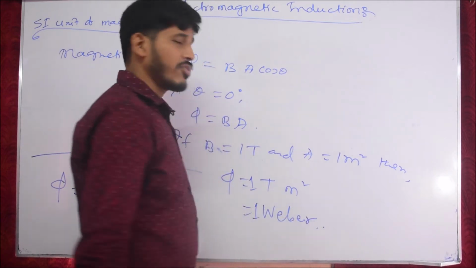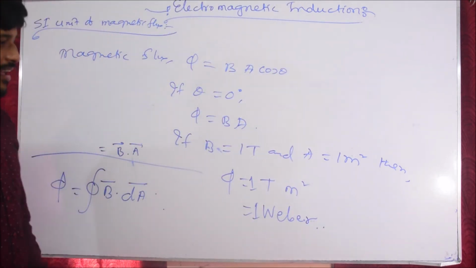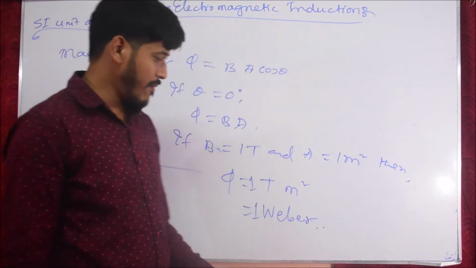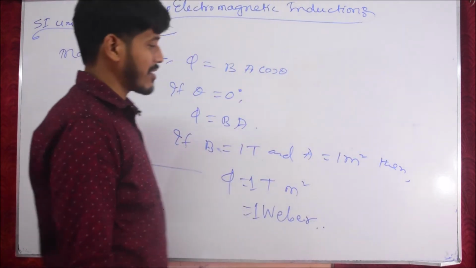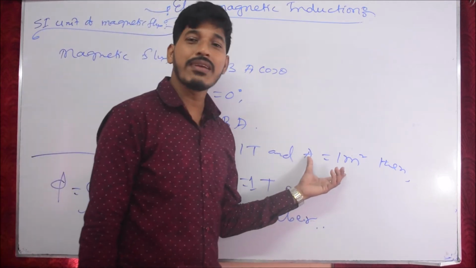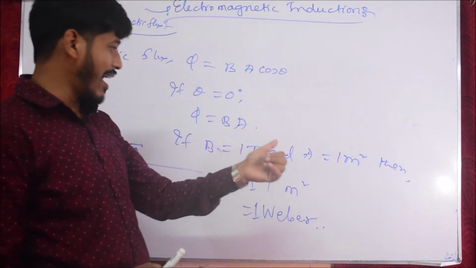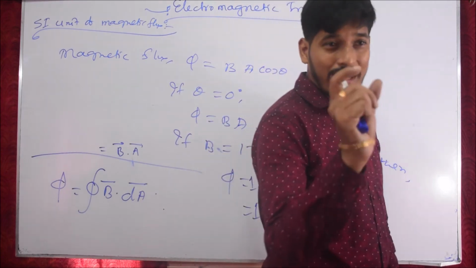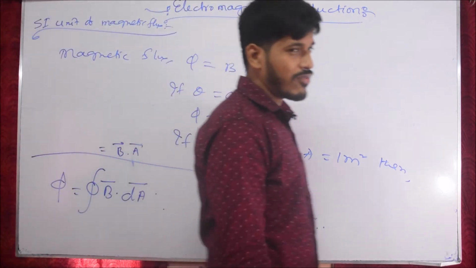So, the SI unit of magnetic flux is Weber, and the magnetic flux is said to be 1 Weber. 1 Weber is the magnetic flux through a surface of 1 meter square when magnetic field lines are crossing normal to it, in a magnetic field of 1 Tesla, then your magnetic flux is 1 Weber.